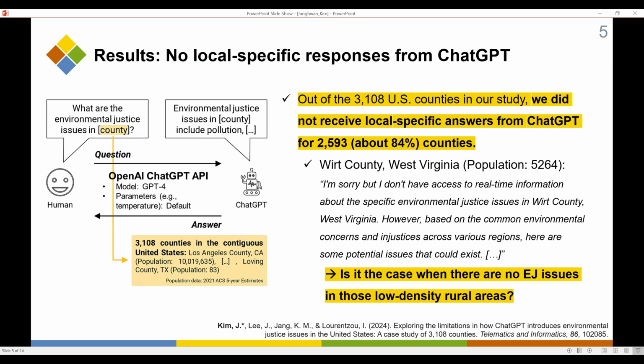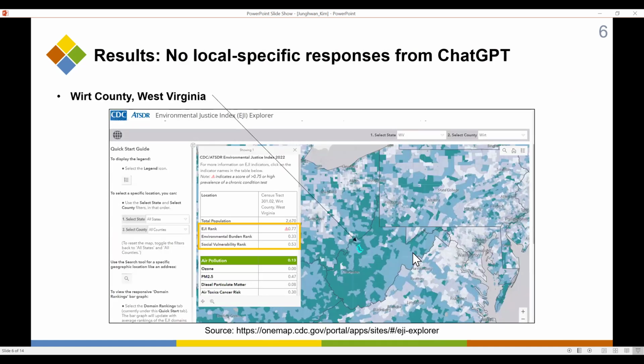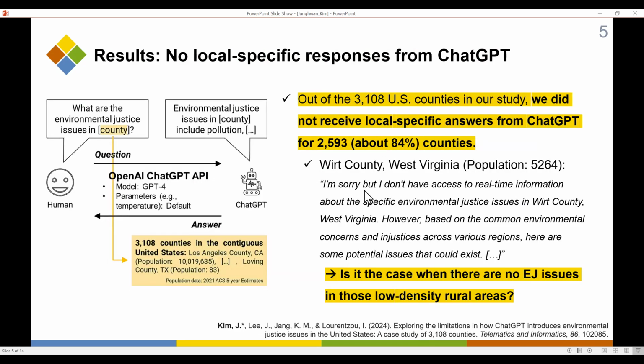However, is it indeed the case? For instance, Worth County is a very rural county in West Virginia and has significant environmental issues according to CDC. However, ChatGPT did not provide any local specific response, saying, I'm sorry, but I don't have access to real-time information.